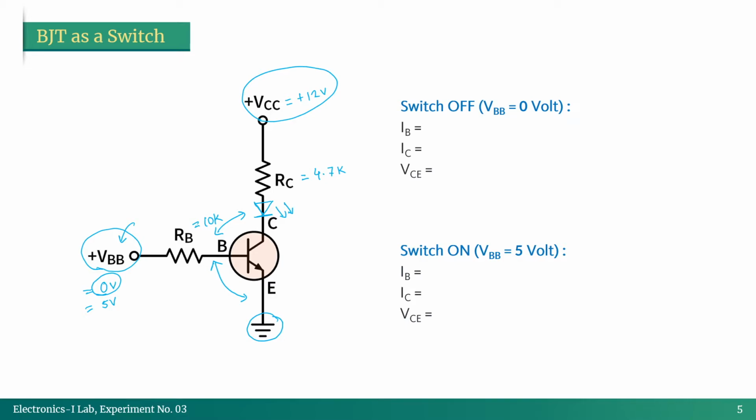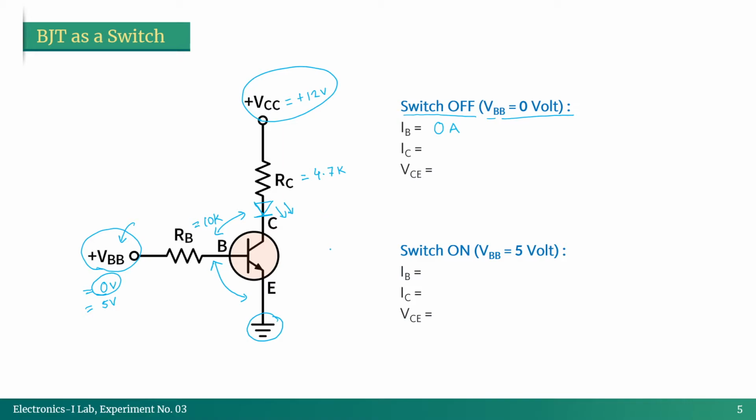And we are going to be tabulating some values here for VBB is equal to 0 volt. So as VBB is equal to 0 volt, our base current IB should be 0. Our current through the collector branch here should also be 0.